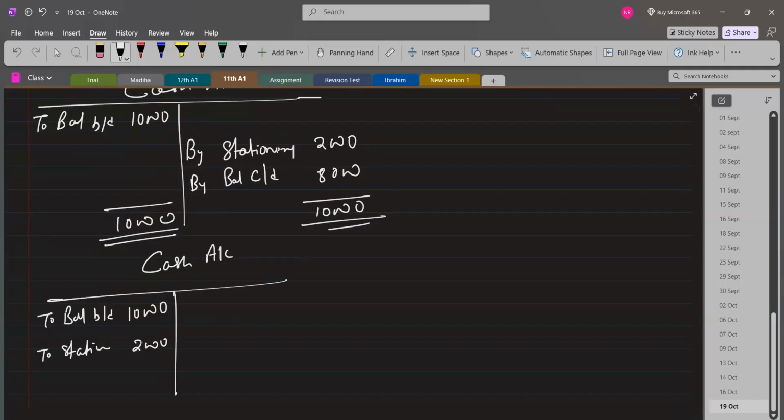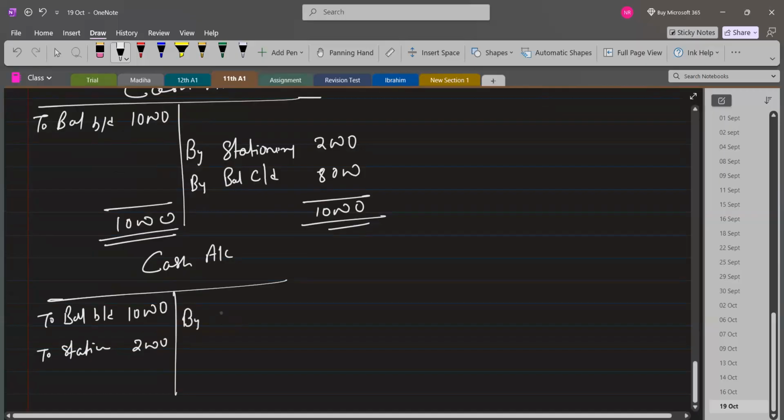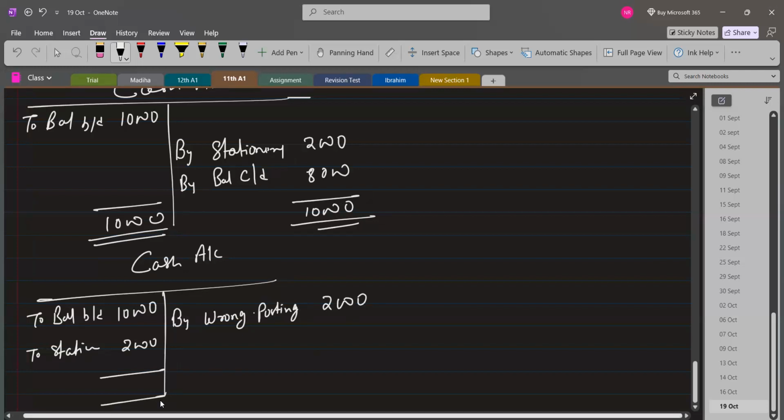If we write on the correct side, by wrong posting of stationery on this side, wrong posting 2,000, then is it correct? Do you think so? Nadia?